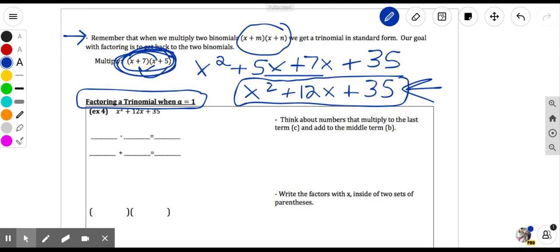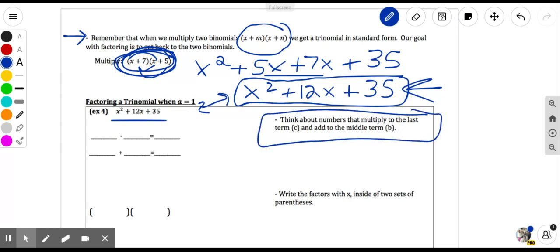So if you take a look down here, this first example actually is this one. I just decided to redo it down here. If we were just given this and I asked you to factor it, this is what you do. You think about numbers that multiply to the last term, 35, positive, and you want to pay attention to the sign. So let me get rid of that so we can see the sign. So we want two numbers that multiply to 35 and also add to the middle term, add to 12. So basically multiply to C and add to B. And so what you can do is think about the factors of 35, numbers that multiply to 35.